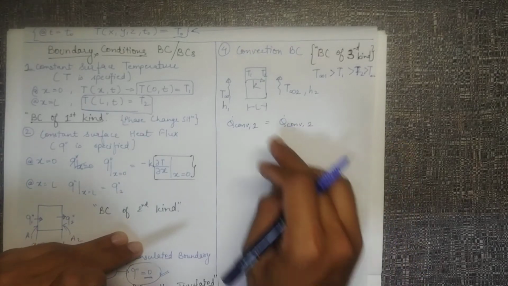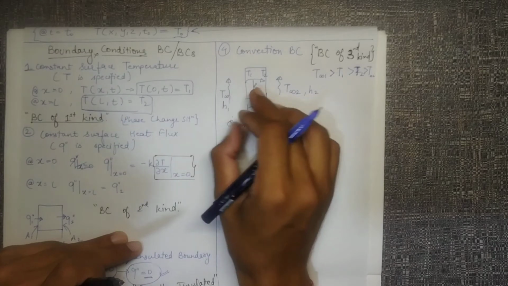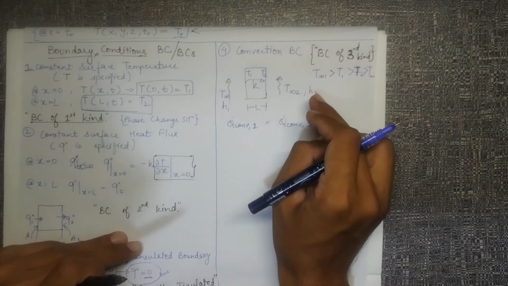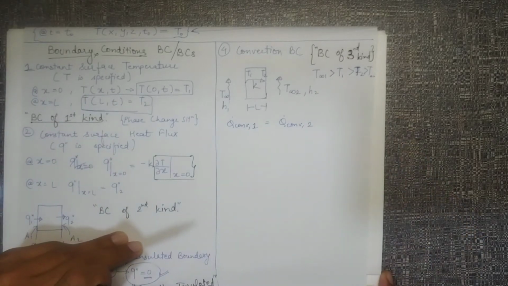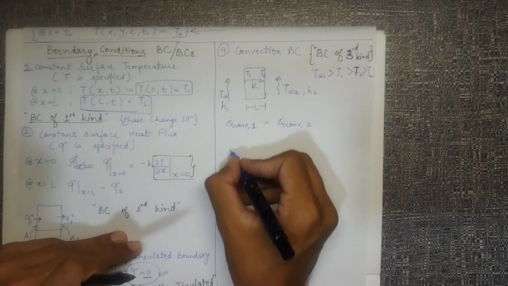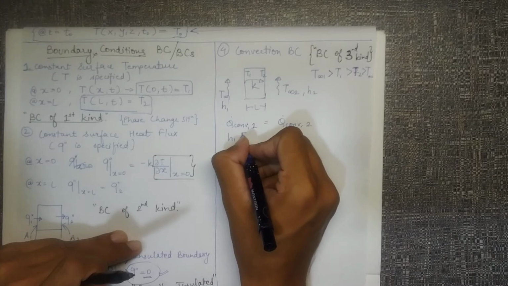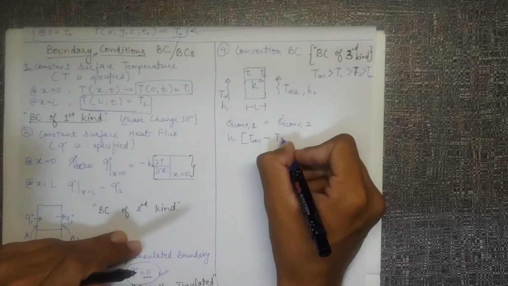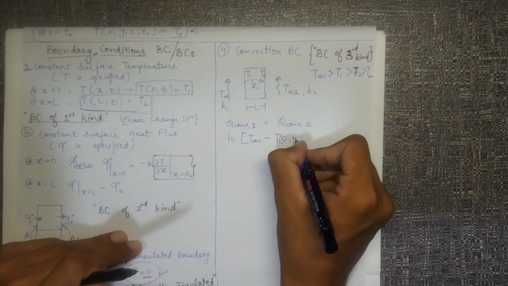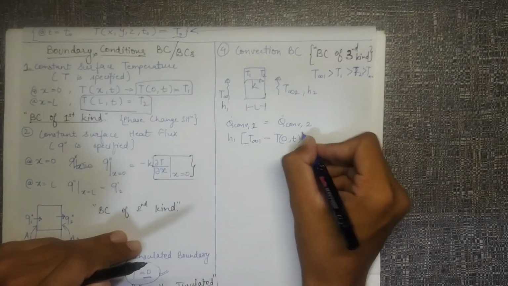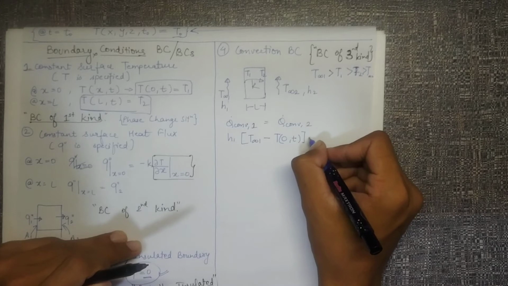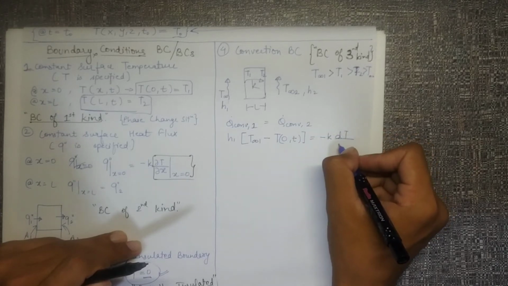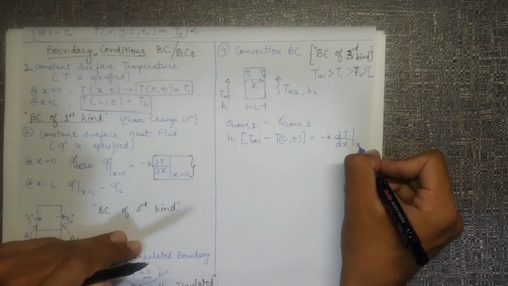What does that mean? Whatever heat is absorbed by the wall from the first fluid will be transferred through the wall to the second fluid. This is the condition. That means H1 times (T infinity 1 minus T(0, t)) is equal to minus k dT/dx when x is equal to 0.